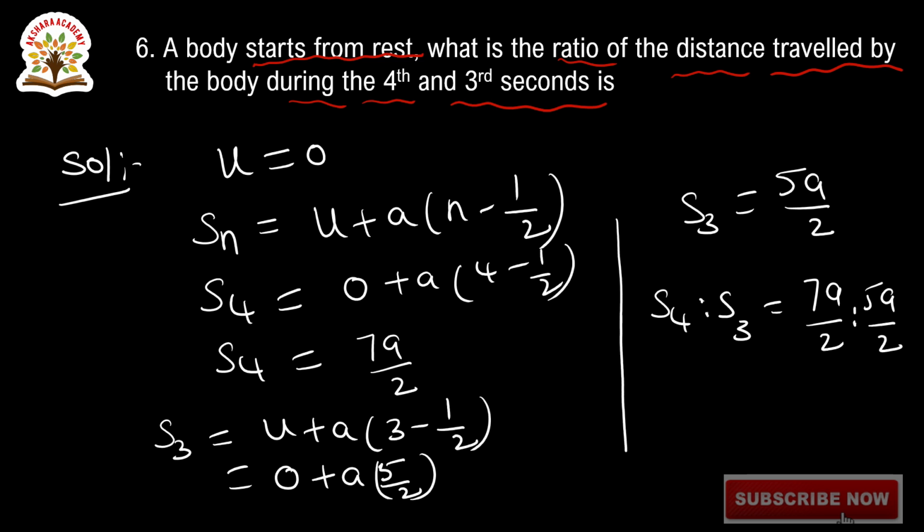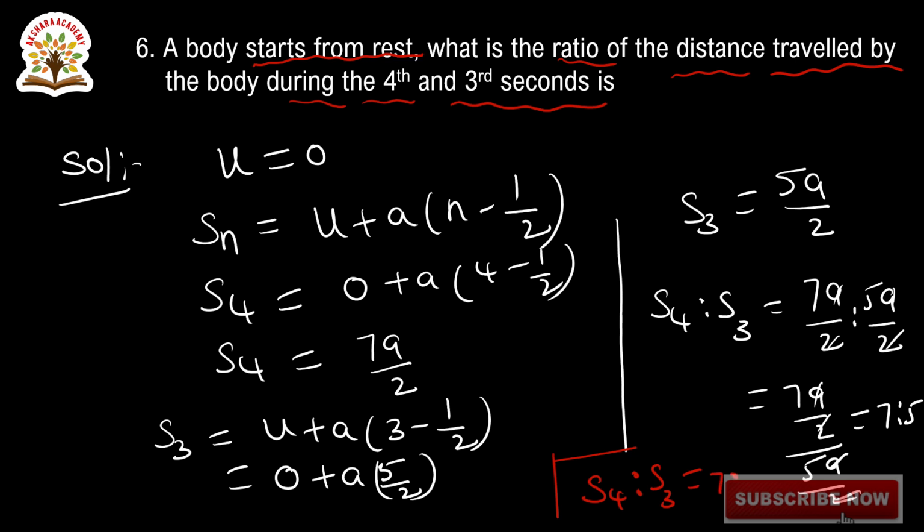Here a cancels and 2 cancels. So the ratio is 7 is to 5. So finally we are getting the answer, the ratio of S4 is to S3 is equal to 7 is to 5. This is the final answer.